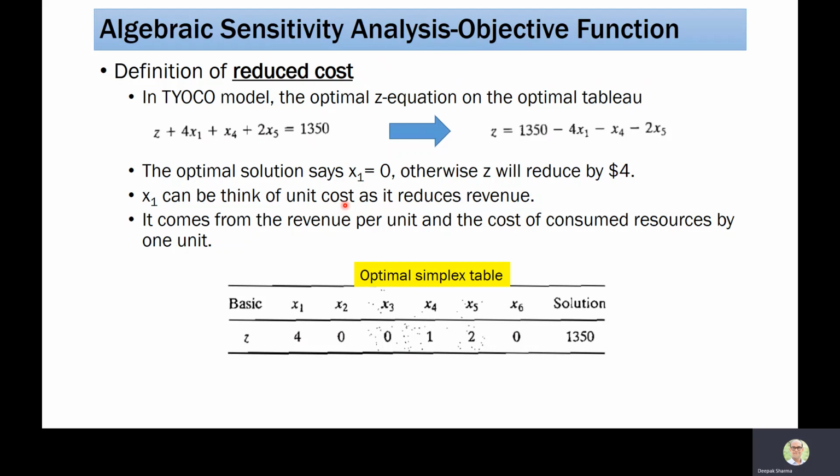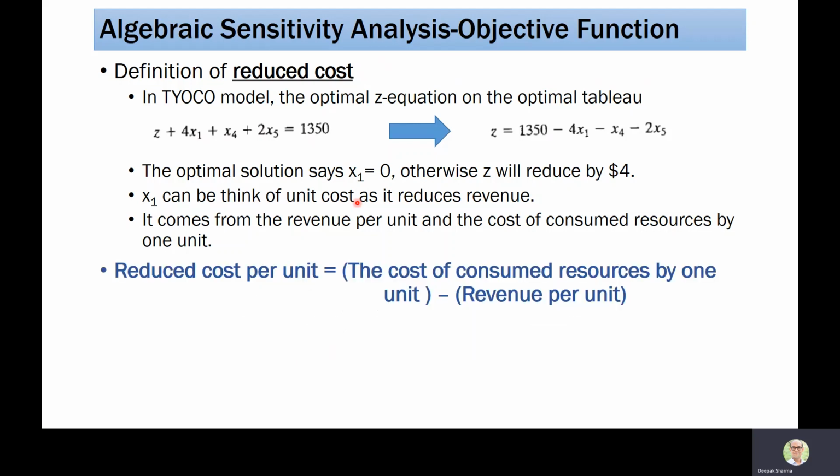Now, if I have this mobile phone, I can see how much money I am investing in it, and that will be the unit cost of the product. When I'm going to sell, this is the revenue I'm going to get. And you know that when the revenue is less than the unit cost, I'm not going to get a profit. Exactly the same thing happened with x1: the revenue is less as compared to the unit cost.